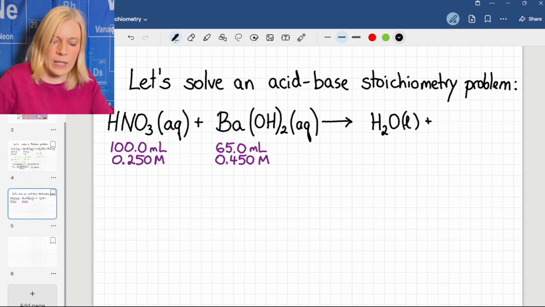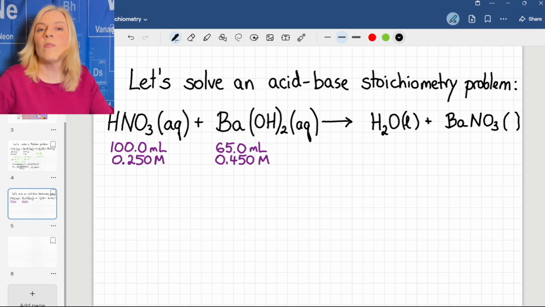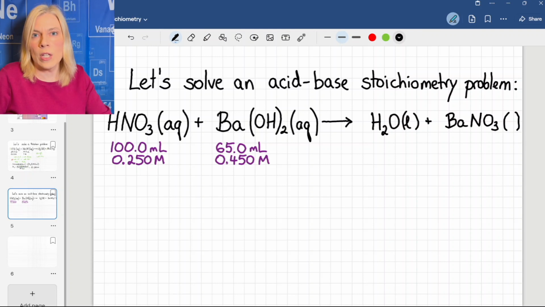Plus salt. And I'm going to follow the rules that I did in my double replacement reaction. So I first switch my cations. Now I have to look at my new compounds and make sure that they are neutral. So H2O is good, but we have barium nitrate. Barium will be a +2 charge. Nitrate will be my -1 charge.